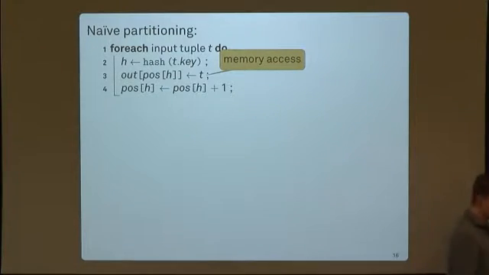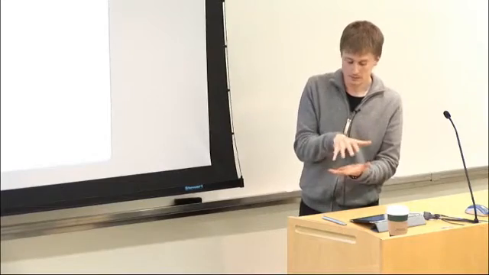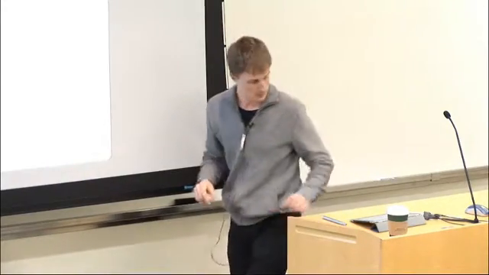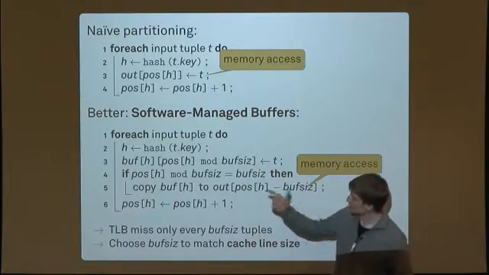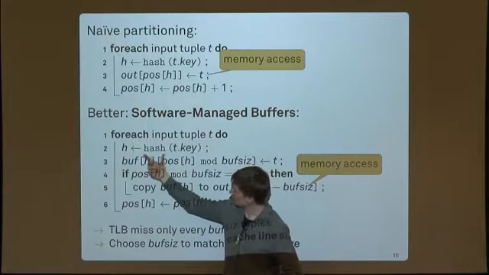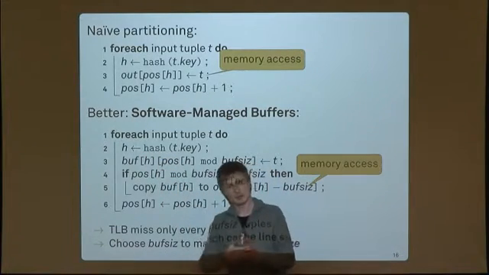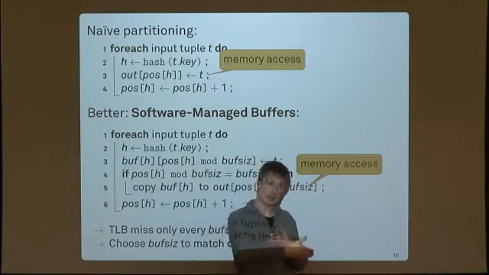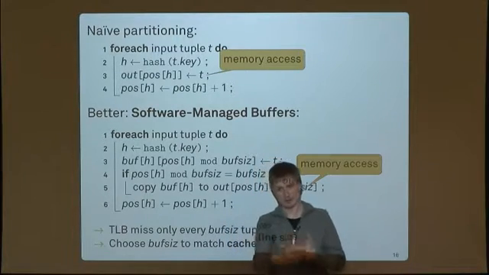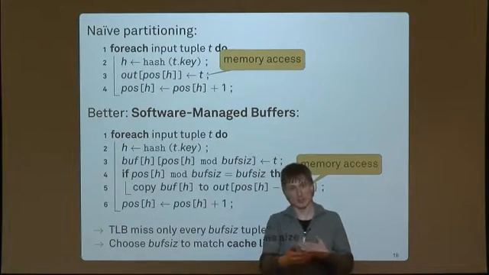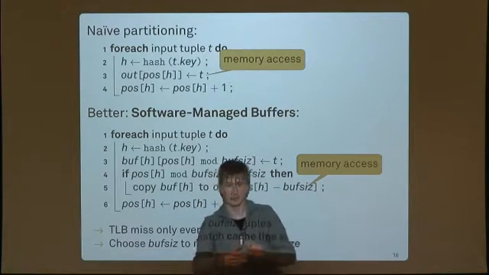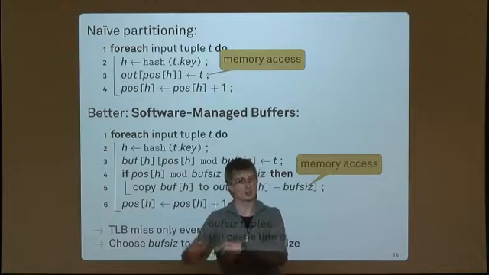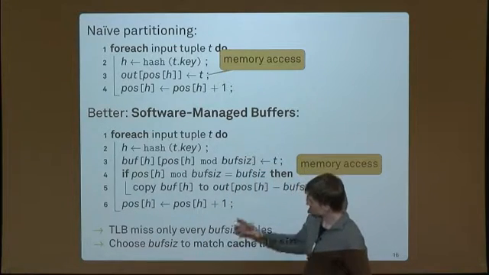What you can do instead is create a little buffer in between. I've written this as an algorithm here. So you would hash your key, not write it out directly to memory, but first fill up an in-cache buffer. And only when that in-cache buffer is filled up, then you flush the entire buffer slot out to your partition.